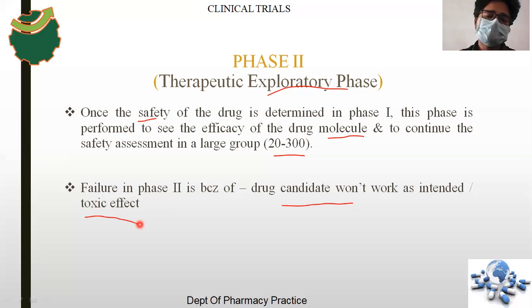But when you take patients in phase 2, obviously the health of their systems might be reduced when compared to healthy volunteers. So at that time there is a high chance of sedimentation or improper metabolism, improper detoxification, which leads to sedimentation of the drug in the body, and which leads to certain side effects or toxic effects.